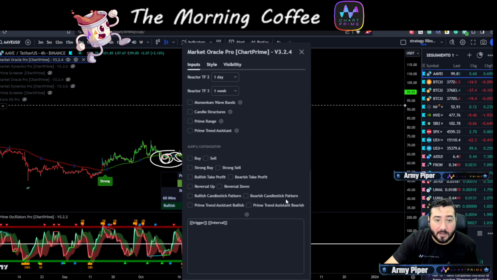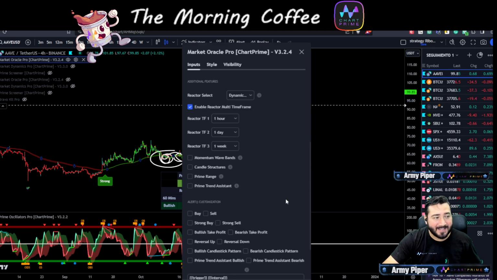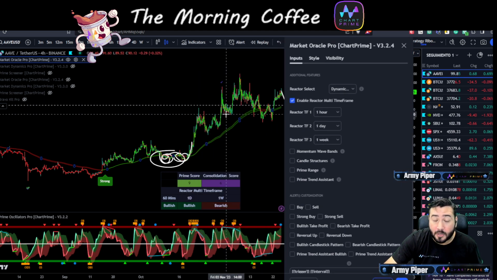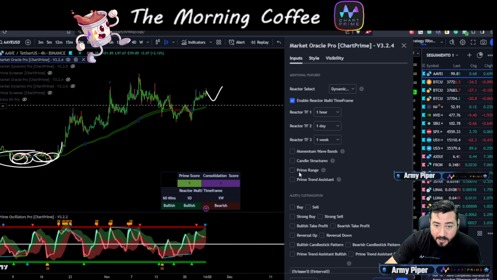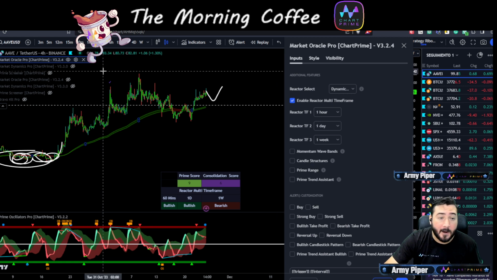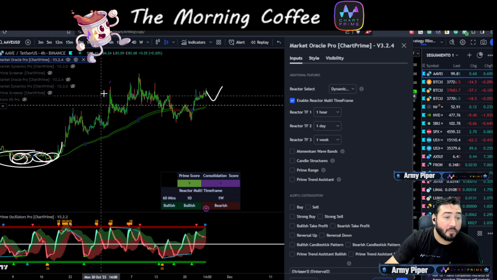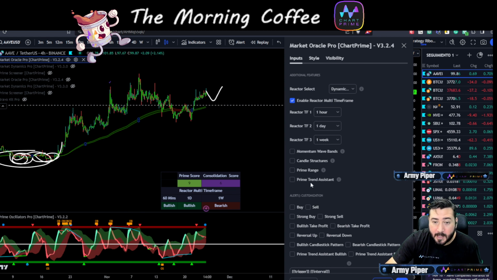And then what else am I going to be taking a look at? My dynamic reactor. So far on the basics, that will be it. All right. Because I do have momentum wave and candle structure. If you like to see candle structure or trade on candle structures, here are prime ranges, which are like predictive ranges, some ranges that fall along the trend, and prime trend assistant.